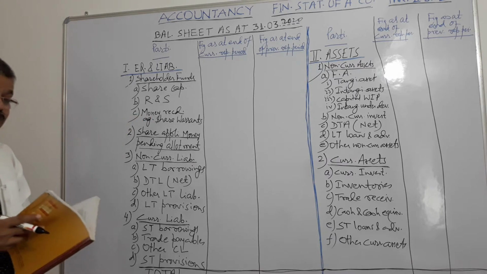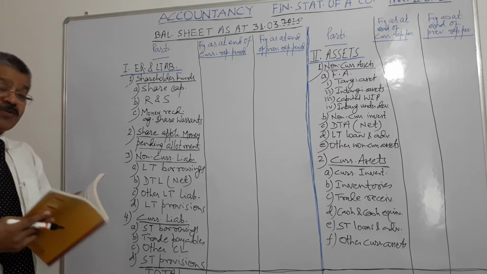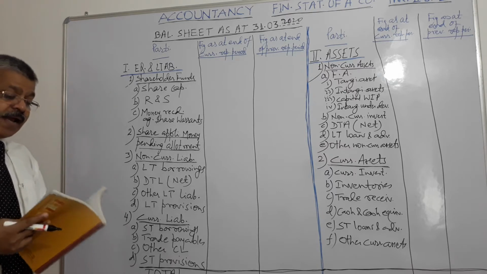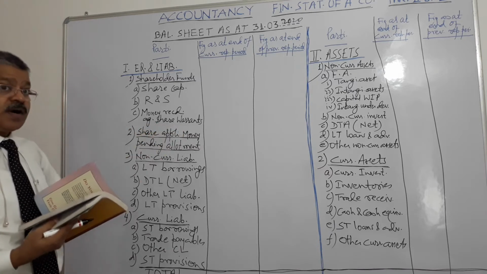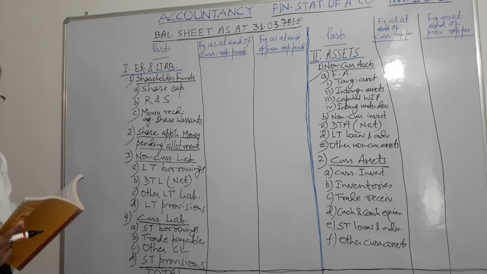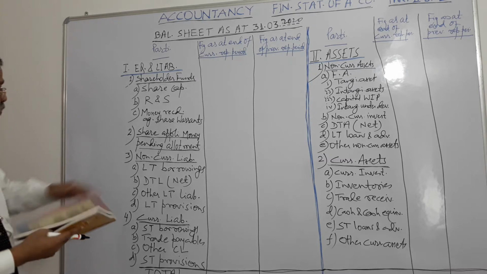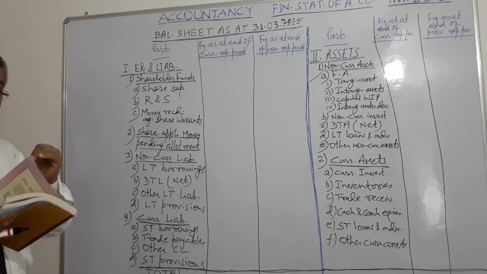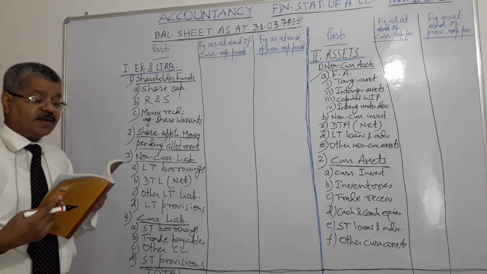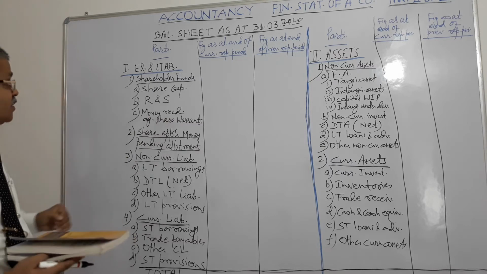And share warrants are negotiable instruments. They are transferable by mere delivery, and the transfer doesn't need registration process, right? Share warrants are negotiable instruments and transferable by mere delivery without registration of transfer.